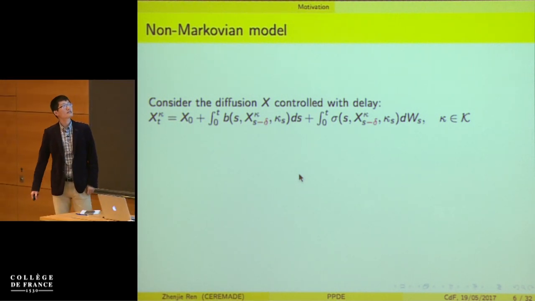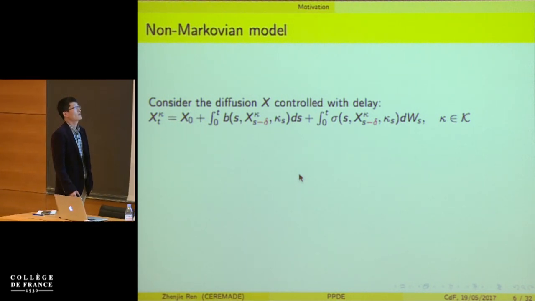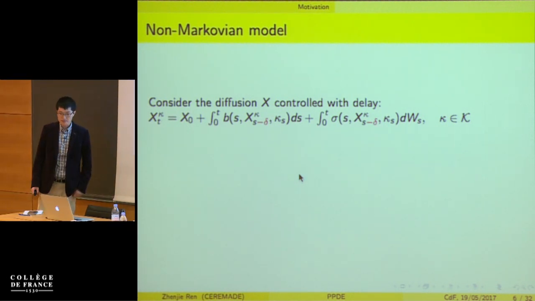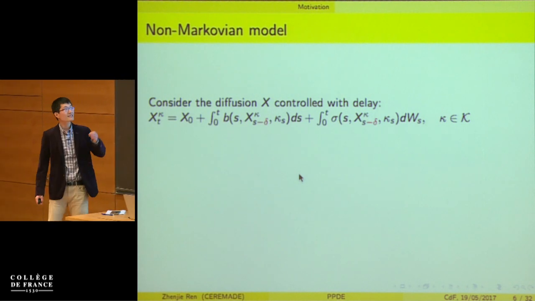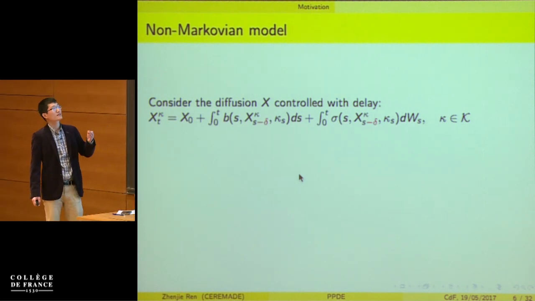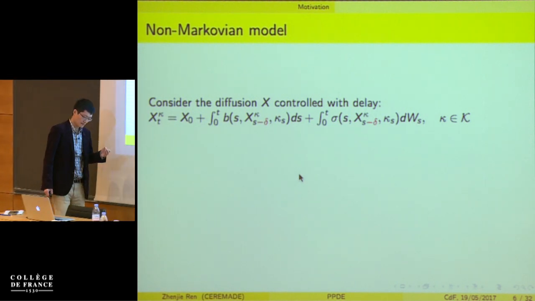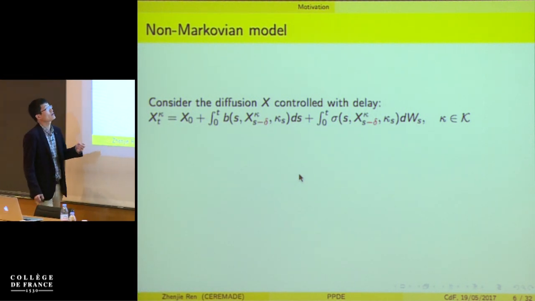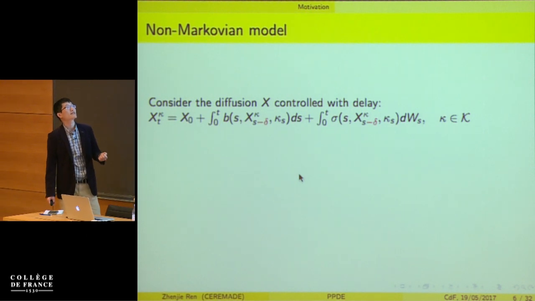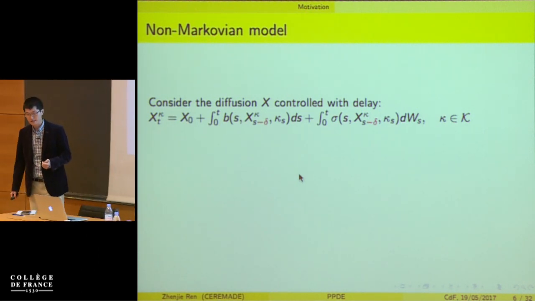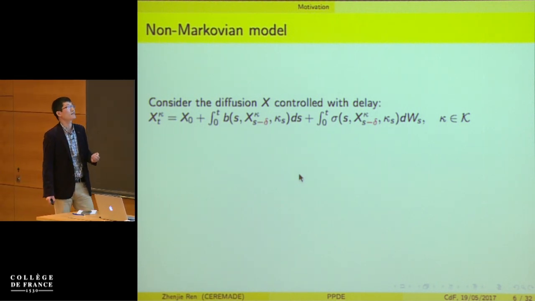And we make a little modification to the control problem. Here, still consider a diffusion controlled by the control variable kappa, but in the coefficients B and sigma, we make the dependence on the state a little bit delayed. Which means instead of taking the model with B and sigma depending on the value of X_s at the moment s, we consider the dependence on X_{s-delta}.